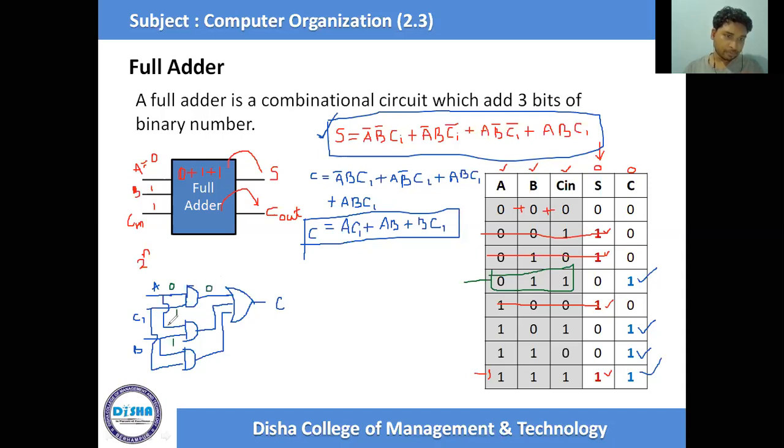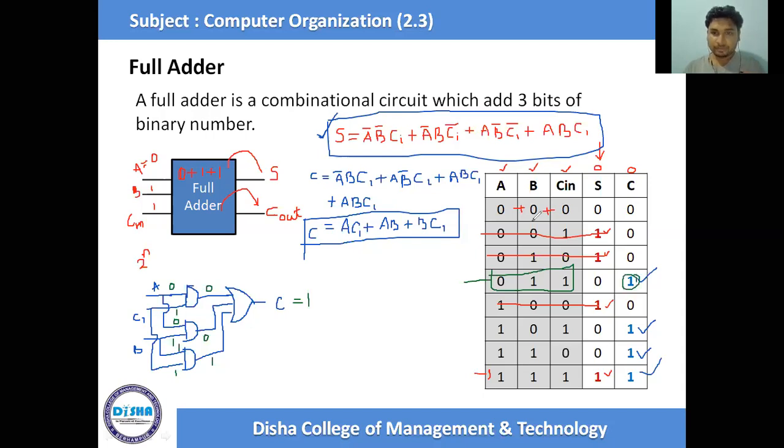Here A is 0, B is 0, and for this case B is 1 and C is 1. This value is 1, and this 0, 0, 1 supplied to this OR gate will give 1. We get the same result.